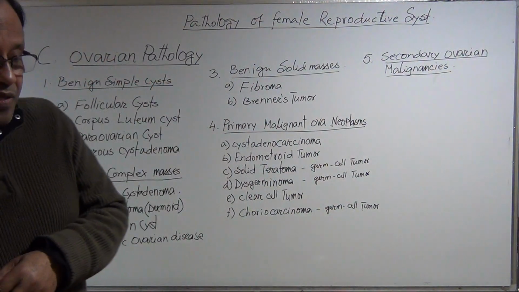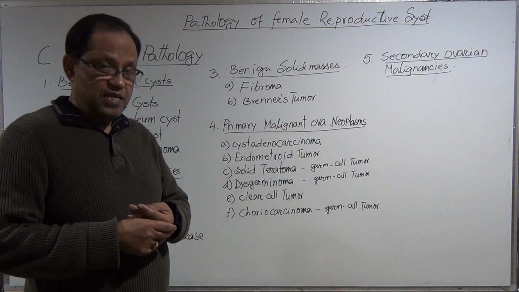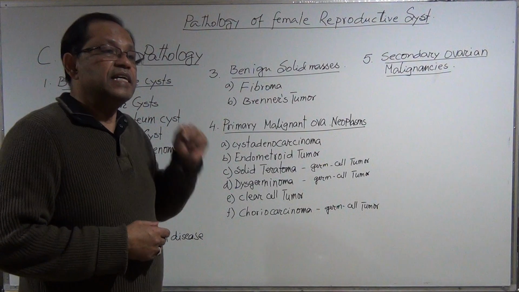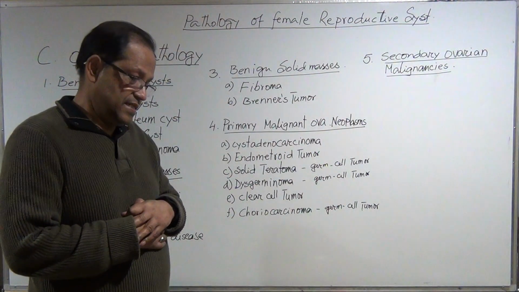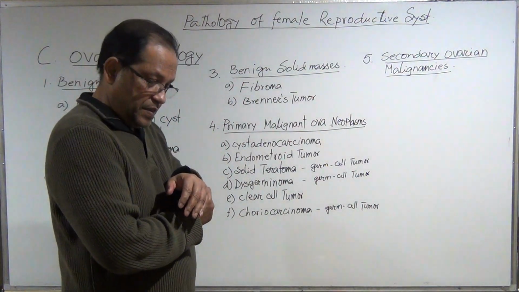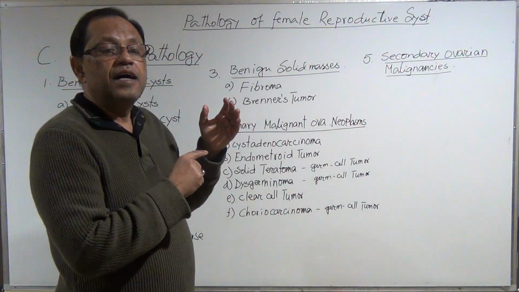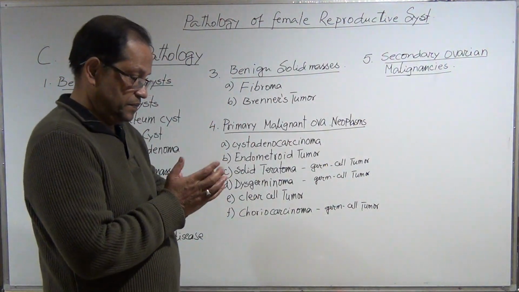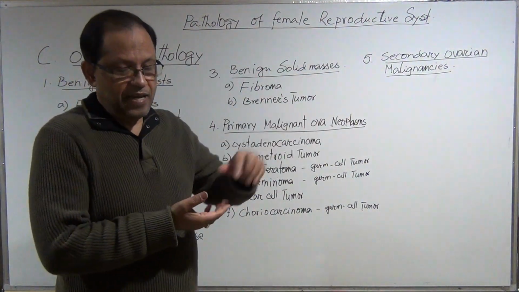This corpus luteum cyst is very important. You need to know the characteristics of diagnosis that this is a corpus luteum cyst, not the other pathological cyst. Number one, take the LMP history. Understand the pregnancy test, beta HCG, and click the color.